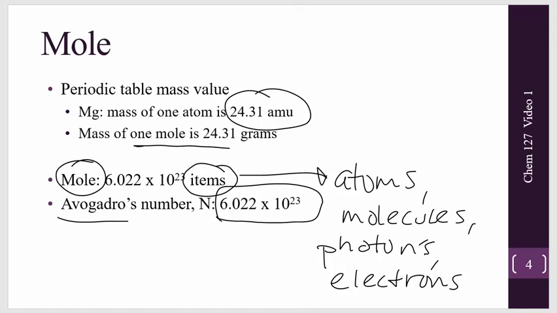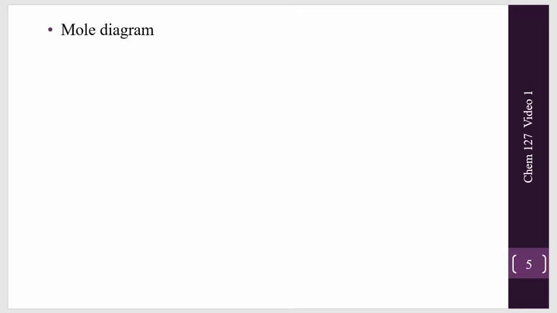So for the mole, we actually use this quite a bit to convert between moles and some other things. And the first way we could use this is to convert between moles and grams. So just like if we were converting between maybe feet and centimeters, we would need a conversion factor to be able to do that.